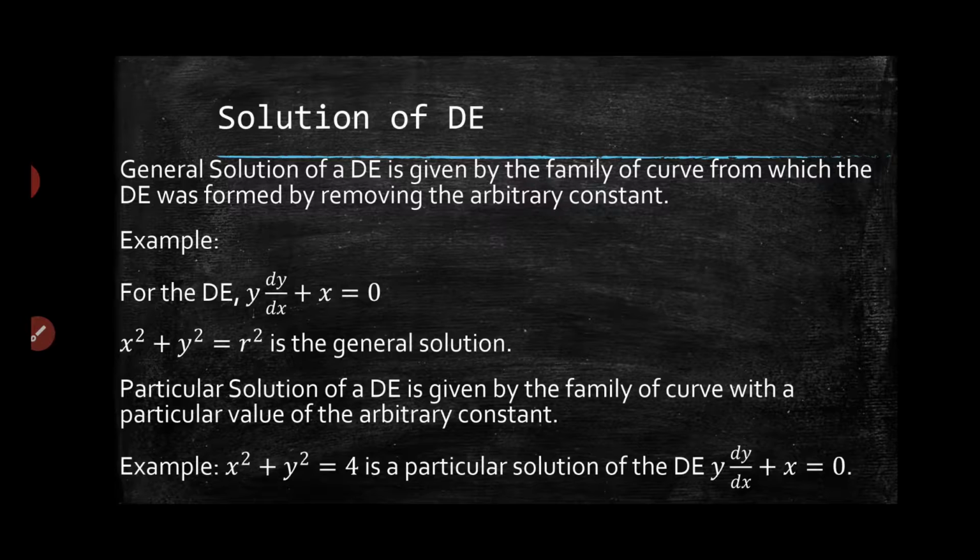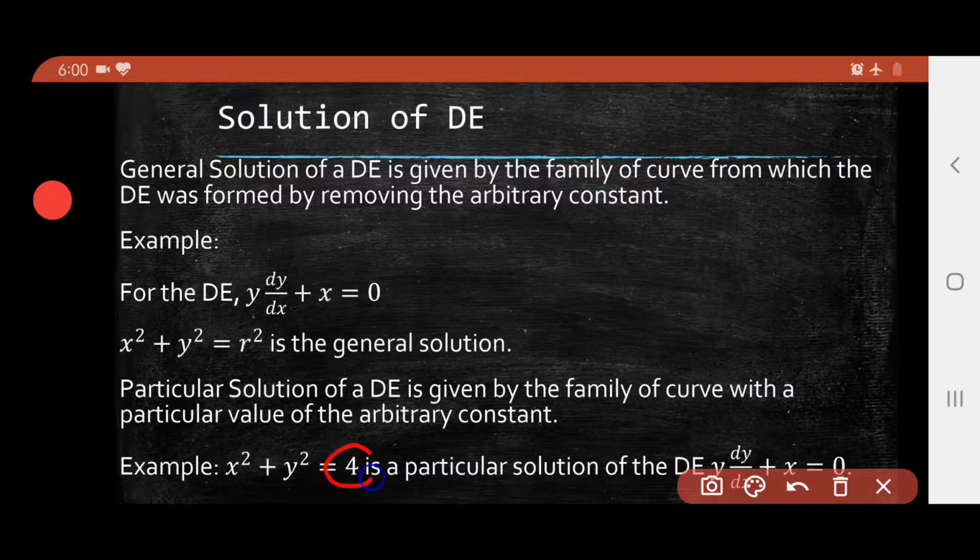Because you can see here this 4 is giving you, this whole equation is giving you only one single member of the family of curve, but not the whole family of curve. So that is why it is called particular solution. If instead I would have had x square plus y square equals to 1 or x square plus y square equals to 9, this would have given me all different particular solutions of a differential equation.